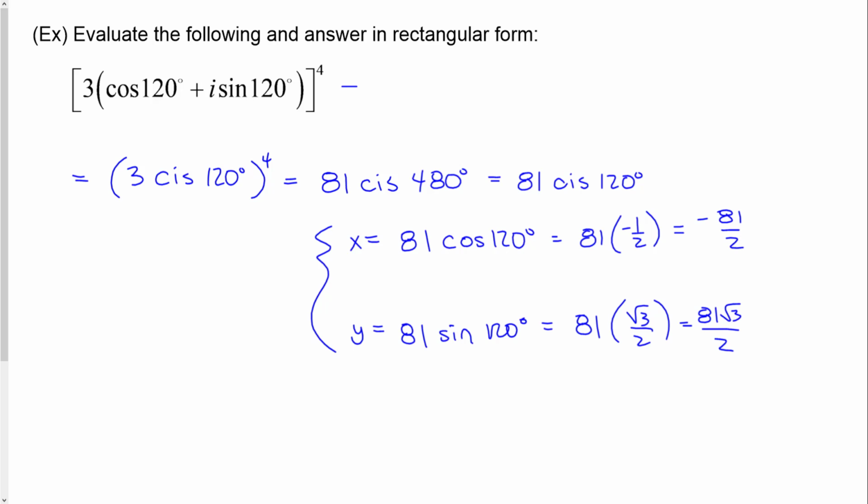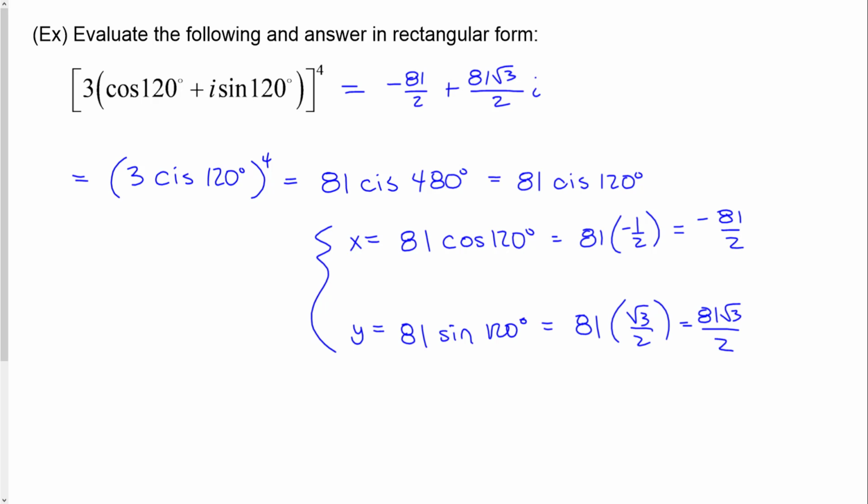So I can effectively say that this right here is negative 81 halves plus 81 root 3 over 2 times i. And again, it doesn't really matter the position of the i in that second term, as long as it's in there somewhere designating that that part is an imaginary part. That's all that really matters. And that's all there is to de Moivre's theorem.